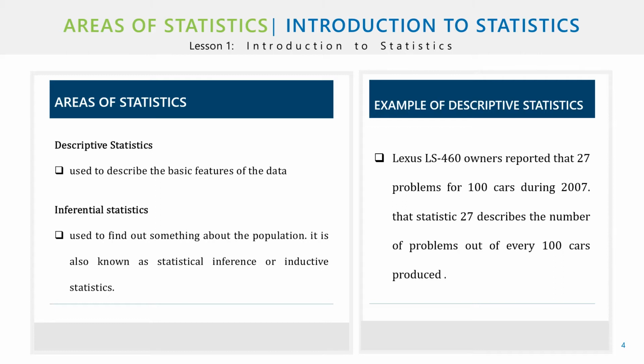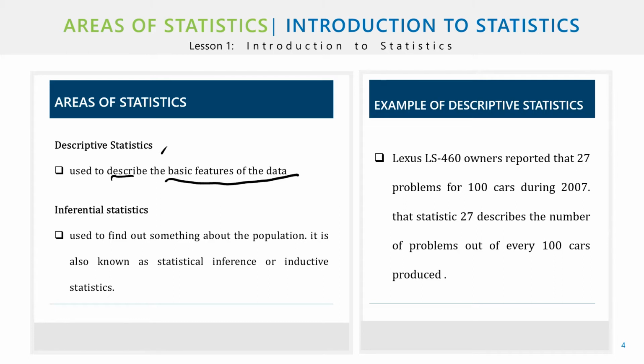When we say descriptive statistics, it is used to describe the basic features of the data, which means you are just describing the data that you've gathered. So for example, in Mabini, let's say that 7 out of 10 of the girls of Mabini prefer a basketball player rather than an ML player.